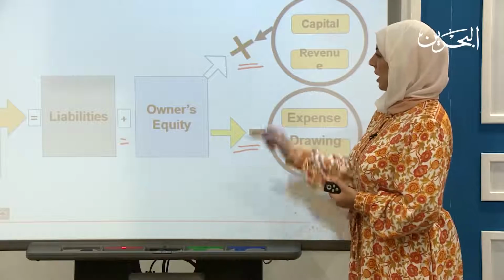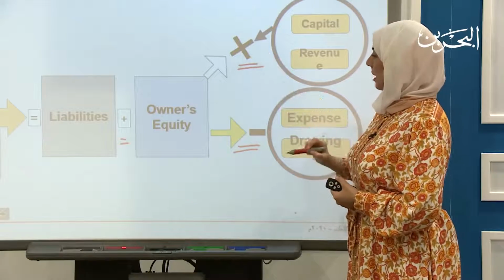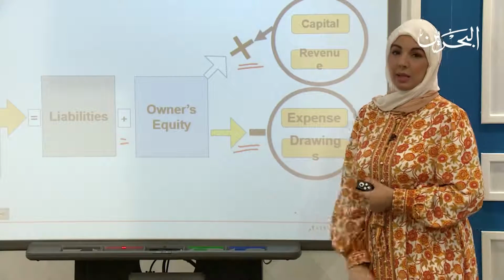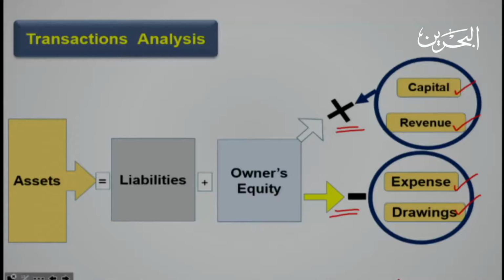What's the account that will increase the owner equity and what's the account that will decrease it? The accounts that increase the owner equity of the company are the capital and the revenue. And the accounts that decrease the owner equity are the expense and the drawing.